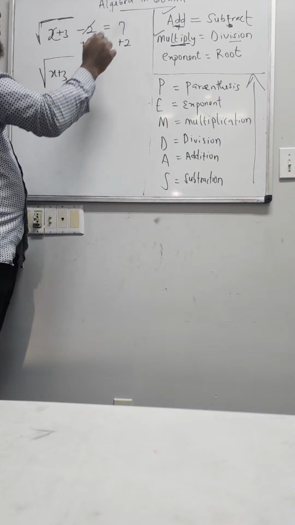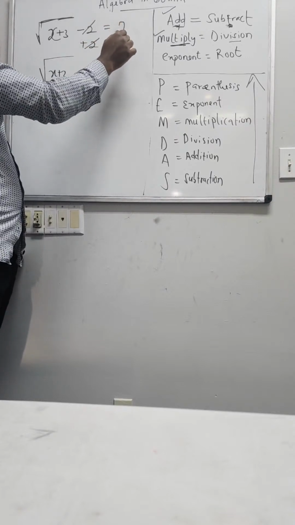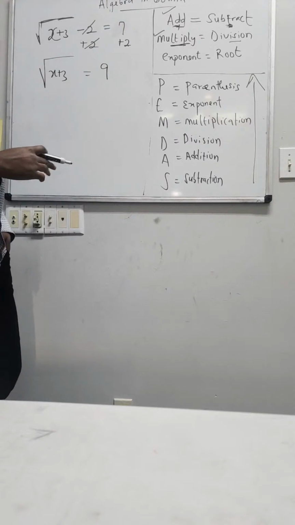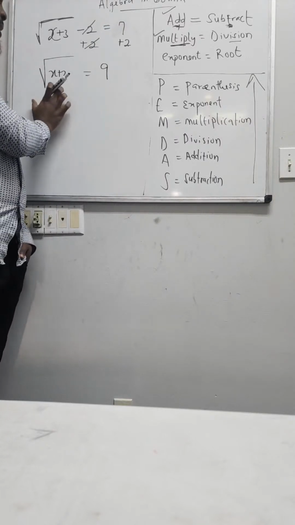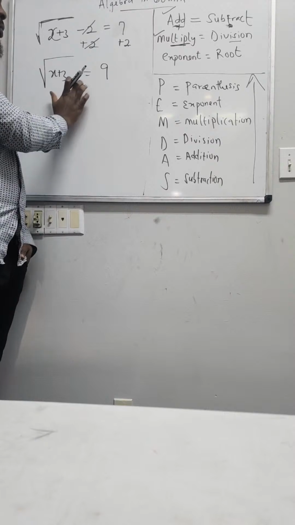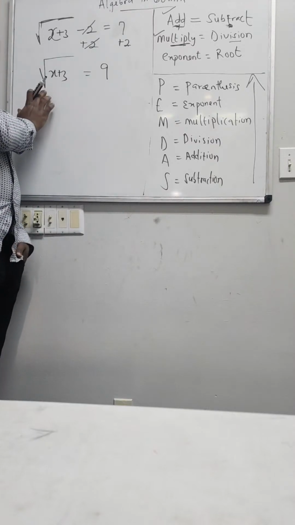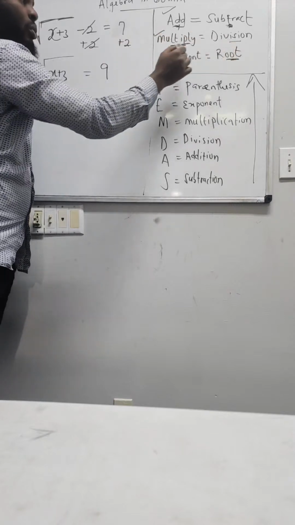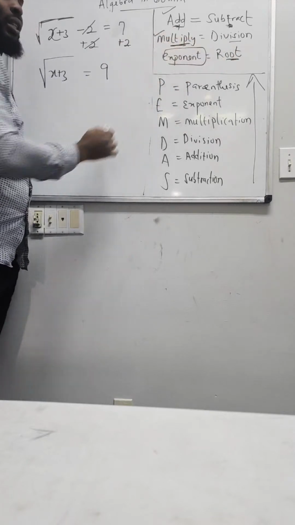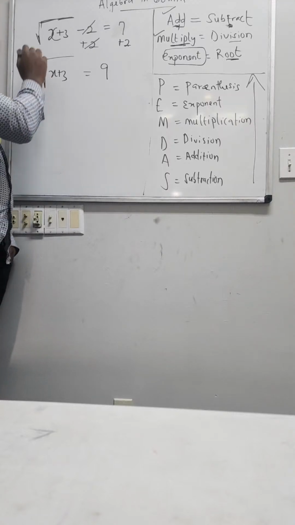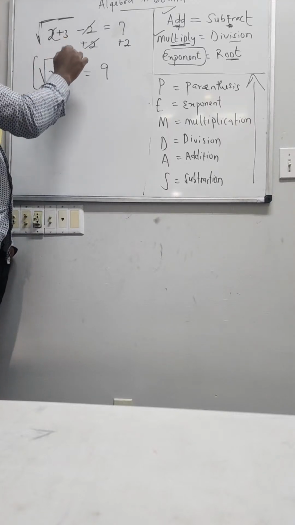So we have 7 plus 2, which is 9. Looking at this, root x plus 3 equals 9. To get rid of this root, what do you do? You exponent. So to get rid of this square root, you square both sides.